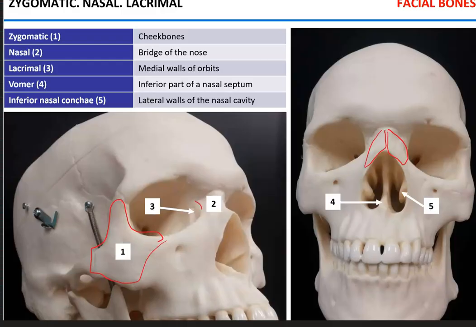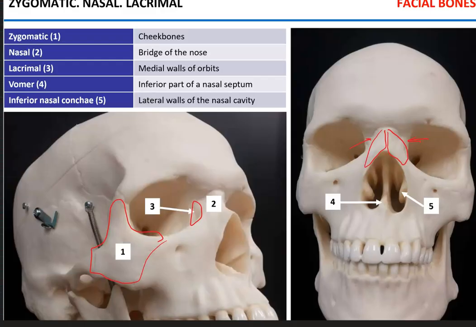Very small lacrimal bones are found on the sides, the medial border of the orbit. It has nasolacrimal puncta. Okay.